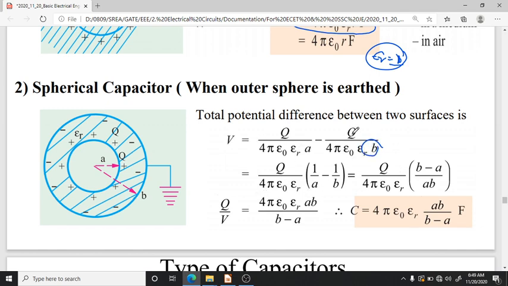After solving this equation, you will finally get the capacitance formula C equal to 4 pi permittivity into A B by B minus A, where A is the inner sphere radius and B is the outer sphere radius. You have to remember this spherical capacitor formula.